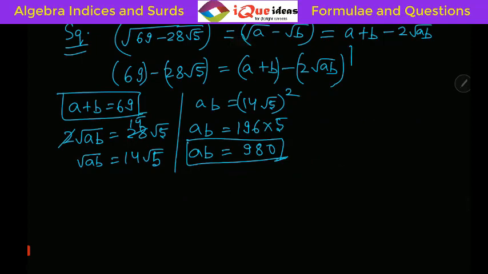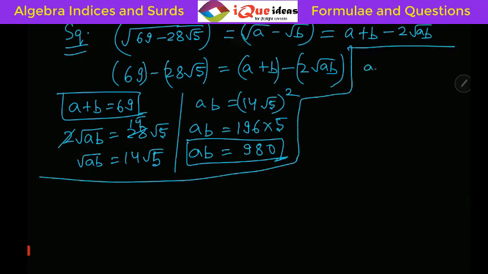Alright, so let's do one thing. Let me write all the possibilities here for A into B equal to 980. Just keep in mind that their sum has to be 69, right? So even if you start from 1, it doesn't take much time.